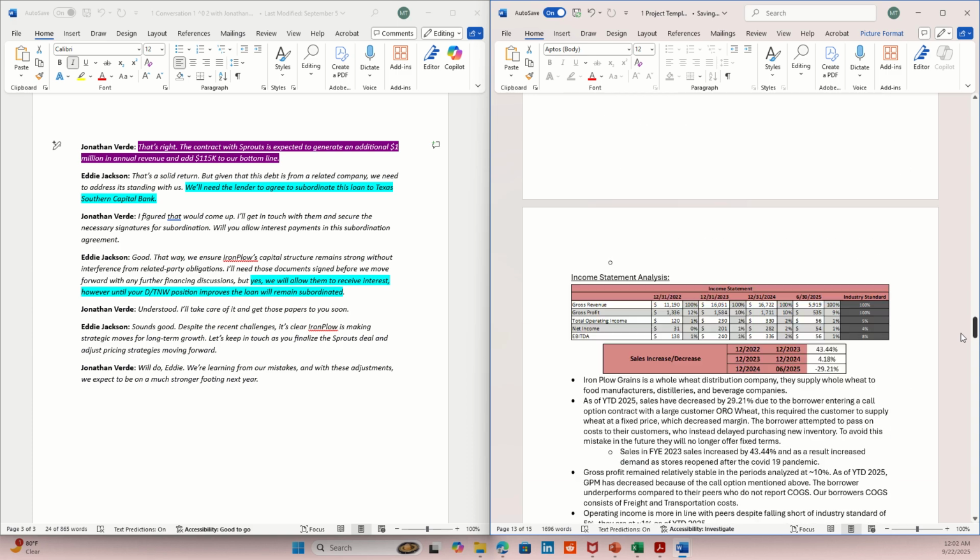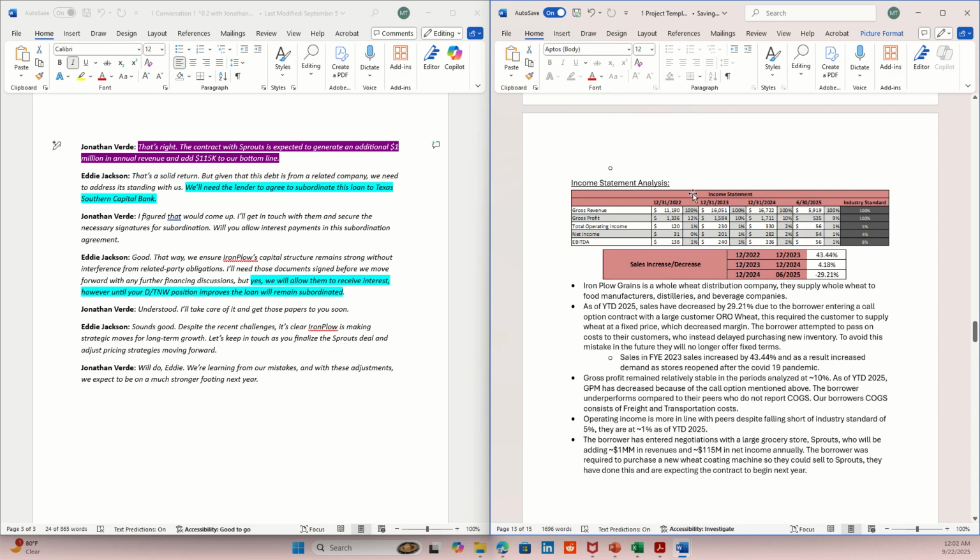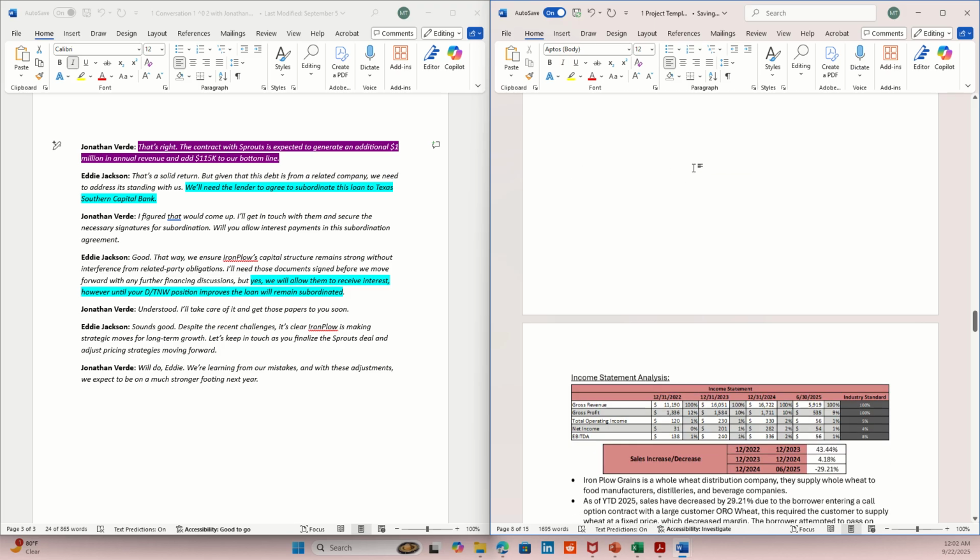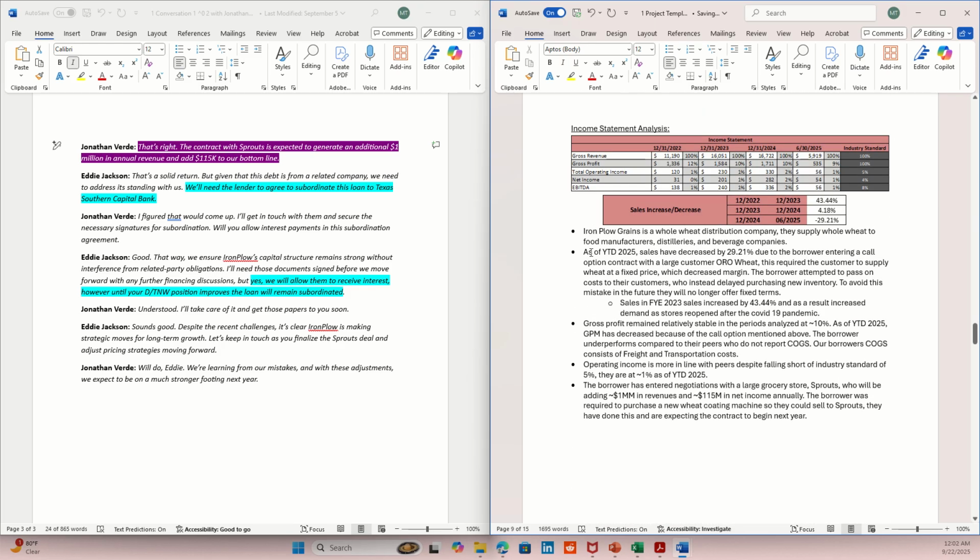So this is a pretty decent analysis of the income statement. It's nothing too crazy. I didn't go too in depth. I kept it simple. I kept it sweet. We explain what happened with sales recently. We explain what happened with sales previously. We explain what's going on with gross profit margin now. We compare gross profit margin to their peers. And then we tell them what the cost of goods sold consists of.